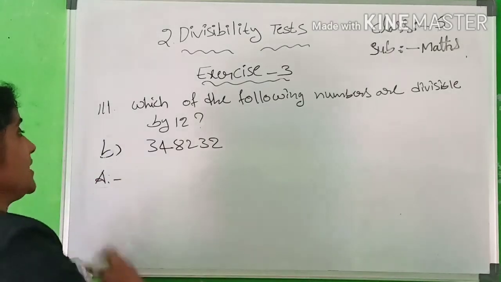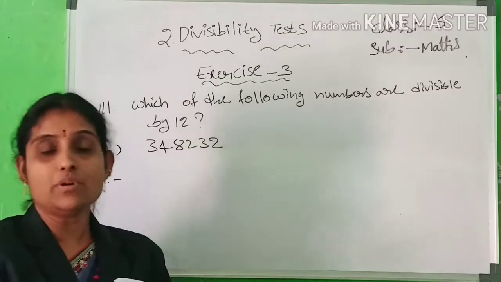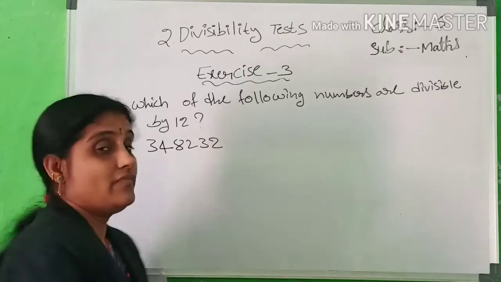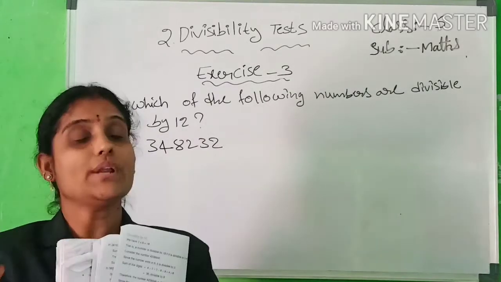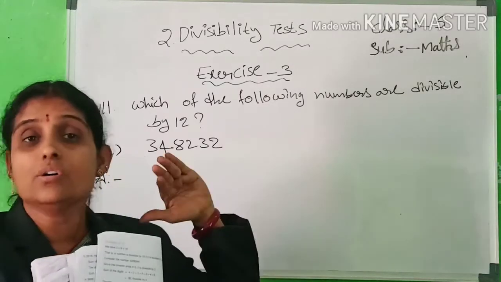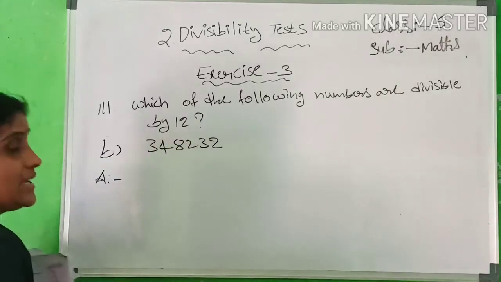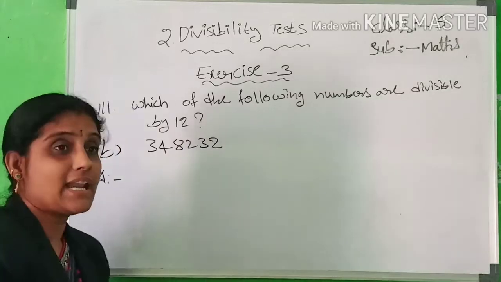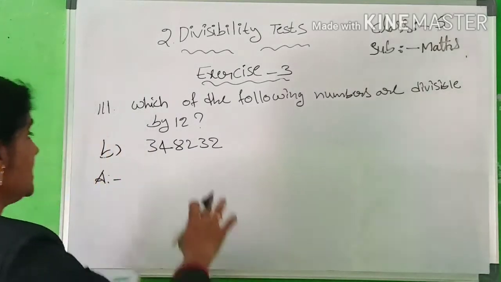Okay children, B1. 3,48,232 is divisible by 12 or not? First, what is the divisible by 12 rule, children? If the number is divisible by both 4 and 3, then the total number is exactly divisible by 12. First of all, you have to check the divisible by 4 rule. What is the divisible by 4 rule? You check the last 2 digits. What are the last 2 digits? 32.